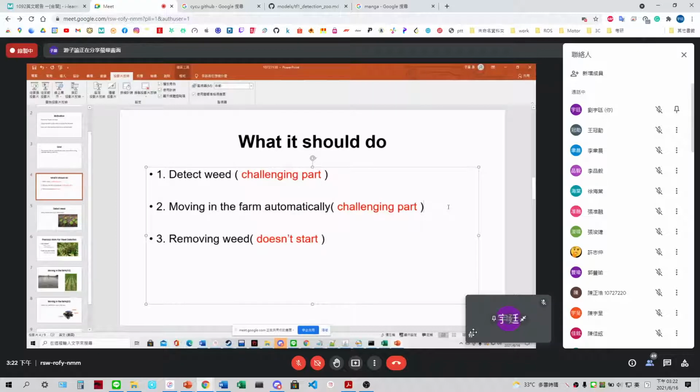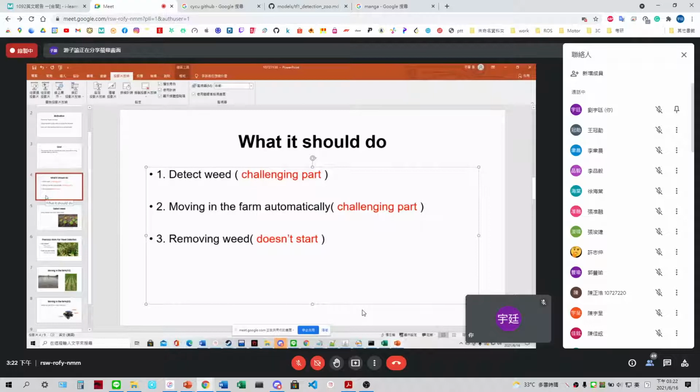Okay. Do you have any idea of how to solve the first problem at this point? We met a problem: the crop will grow. The corn now is different from a month before or a month after.